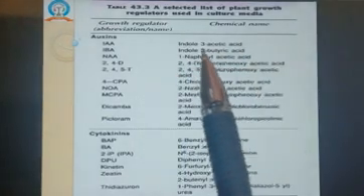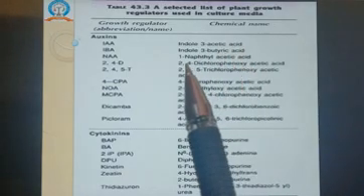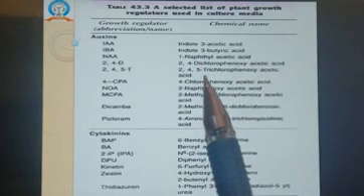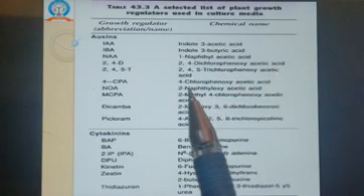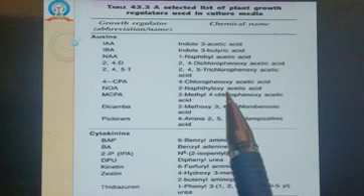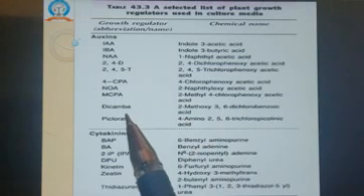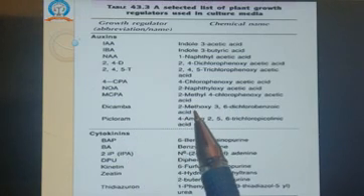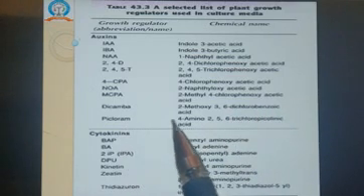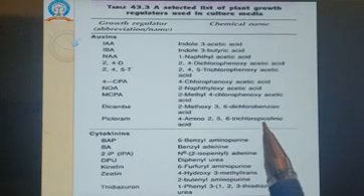The chemical names: indole 3-acetic acid, indole 3-butyric acid. Then 1-naphthaleneacetic acid, 2,4-dichlorophenoxyacetic acid, 2,4,5-trichlorophenoxyacetic acid, 4-chlorophenoxyacetic acid, then naphthoxyacetic acid, then methyl 4-chlorophenoxyacetic acid, and 2-methoxy-3,6-dichlorobenzoic acid, and picloram is 4-amino-3,5,6-trichloropicolinic acid.